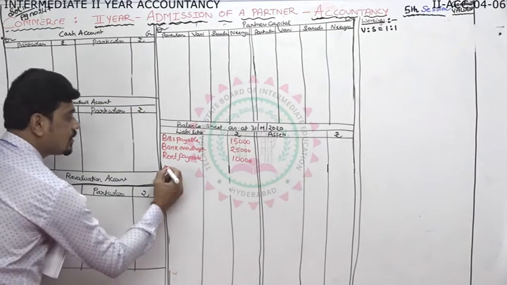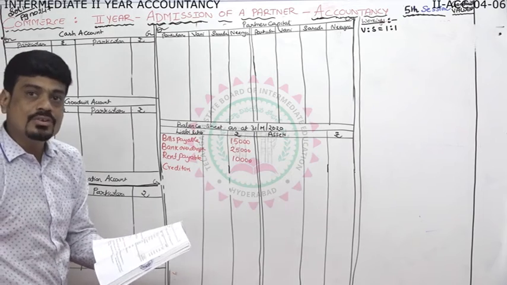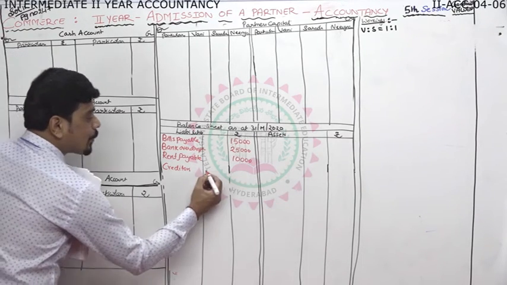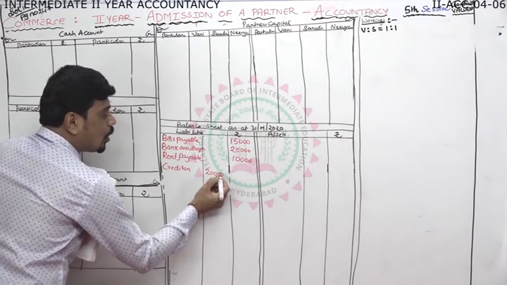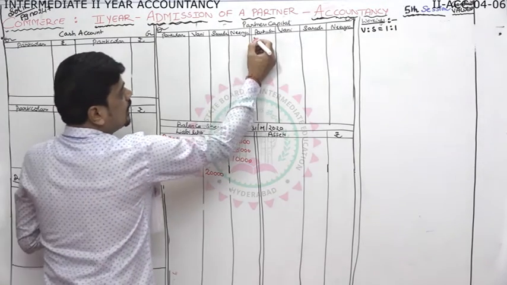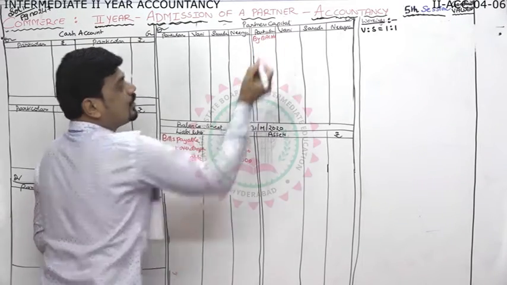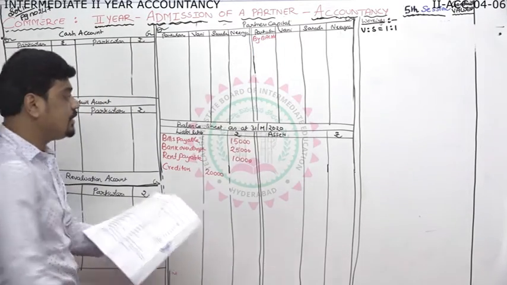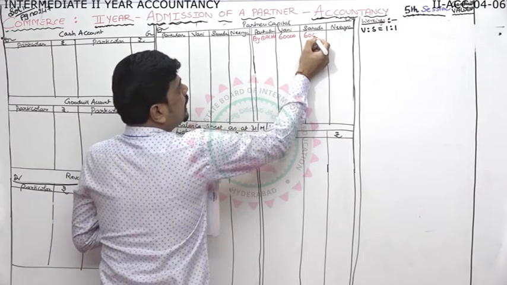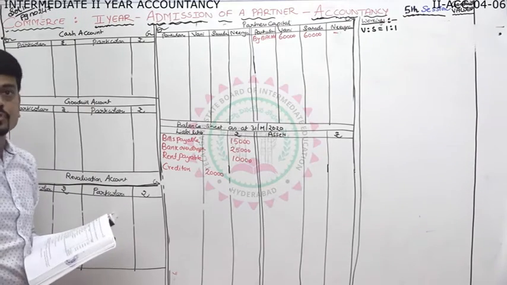Then creditors. We are writing creditors, but we are not going to write in the amount column because it has an adjustment. So I am writing in the inner column. Then capital. I'll go to partners' capital, credit side, by balance brought down. Vani's capital is 60,000. Sharda's capital is also 60,000. So all our liabilities are posted.